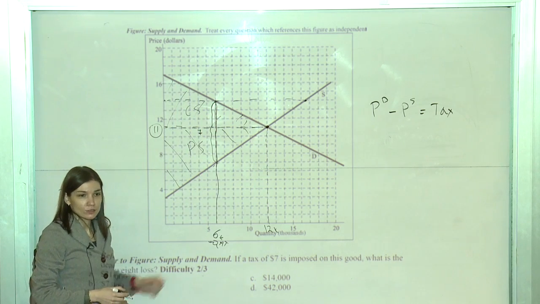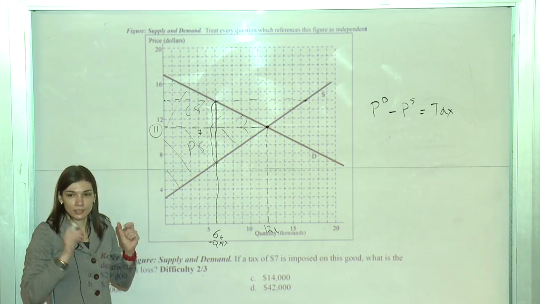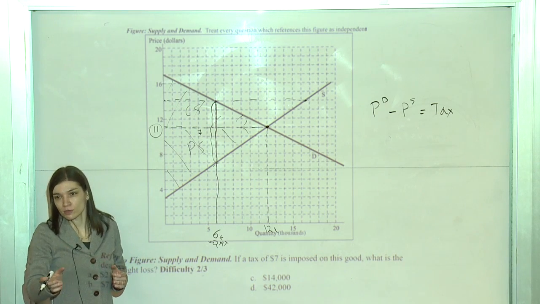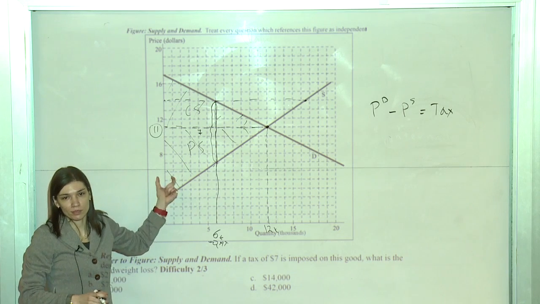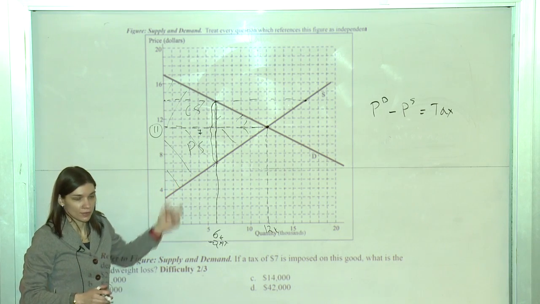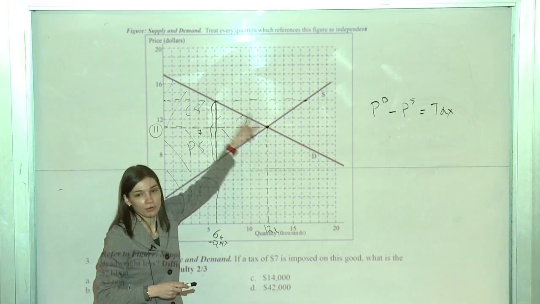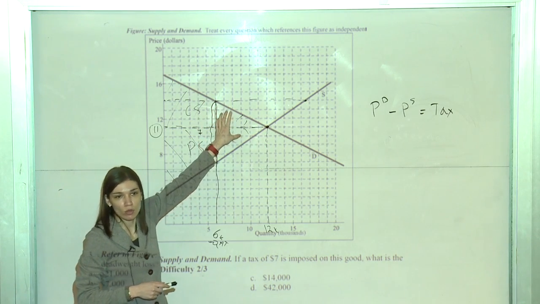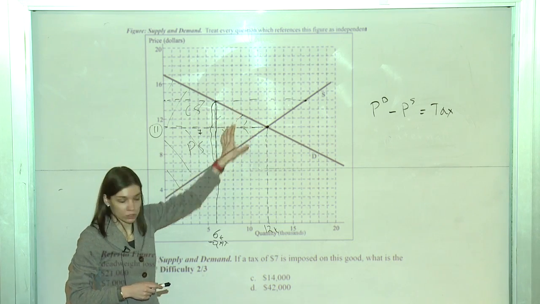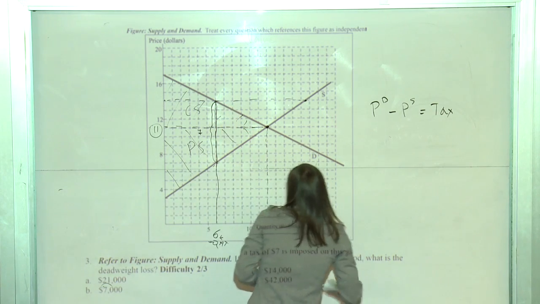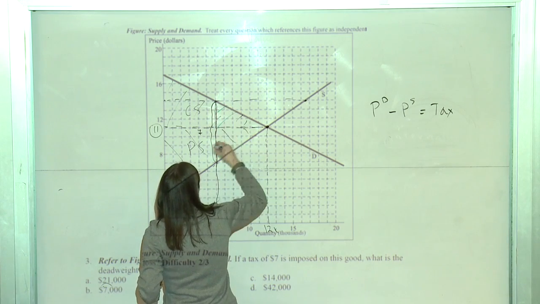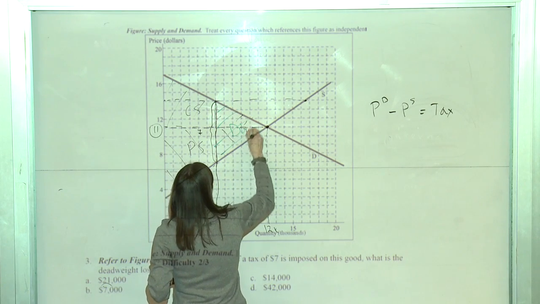So deadweight loss is the difference between total surplus in equilibrium and total surplus after the imposition of the tax. Or if you look at the picture, the deadweight loss is the area of this triangle here, because that no longer goes to anybody. This is lost. Okay, so this will be our deadweight loss.